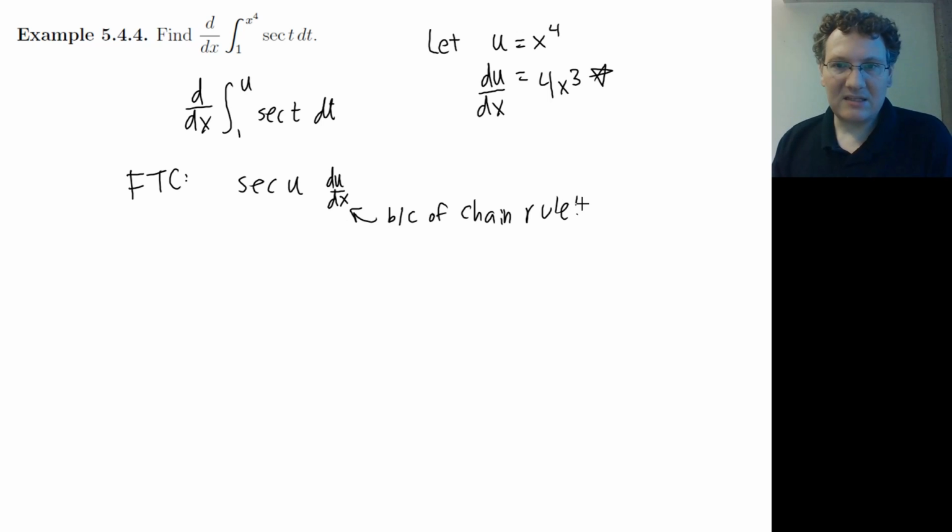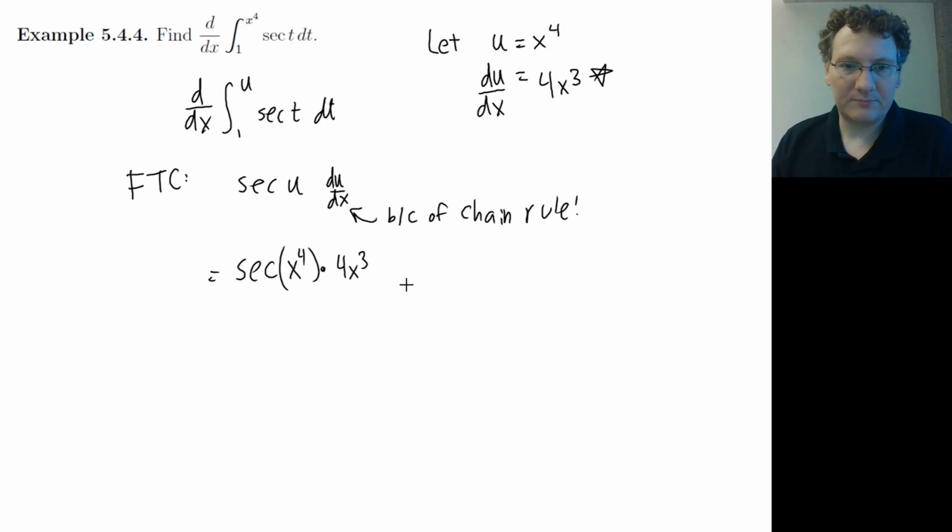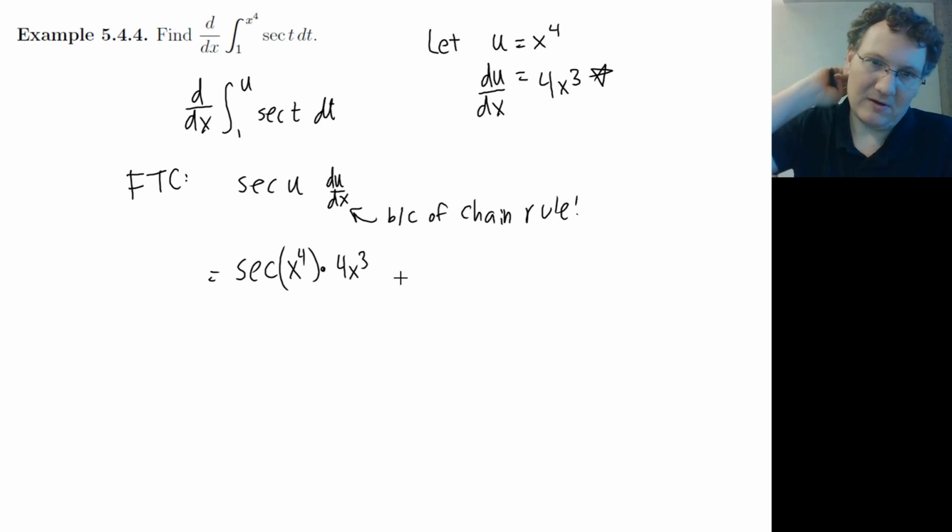And du dx is 4x to the third. So we have secant of x to the fourth times 4x to the third. That's going to be the derivative here.